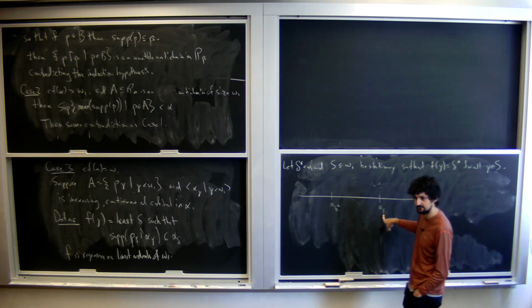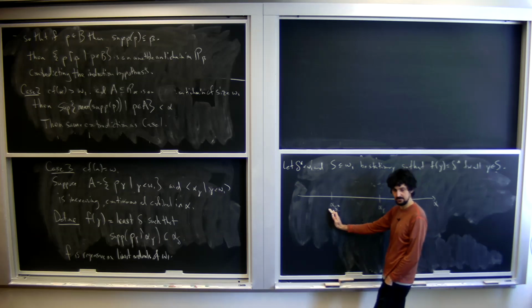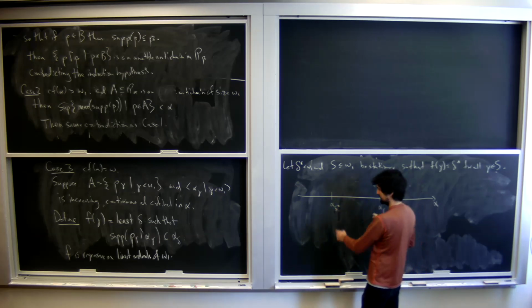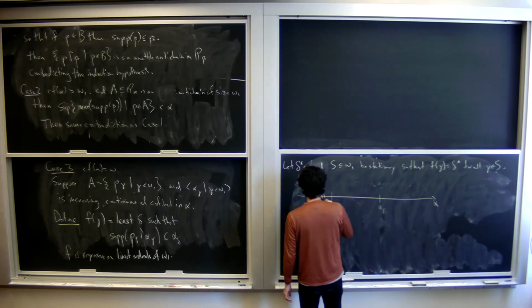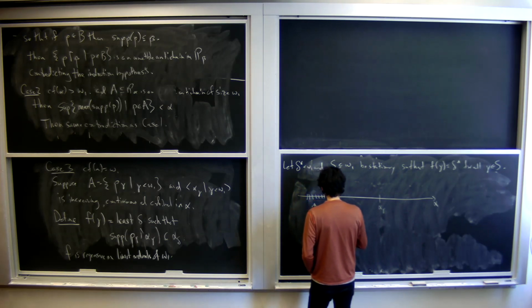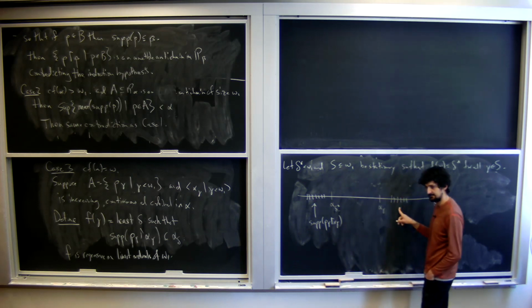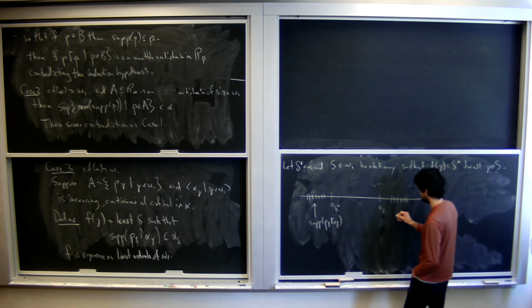That's what we want to answer, right? The definition of the function tells me that everything in the support of P gamma that's below this alpha gamma is actually way, way down here. So there's actually nothing in this interval. We can think of this as the support of P gamma restricted to alpha gamma. It's way, way down here. And then this is the rest of the support.